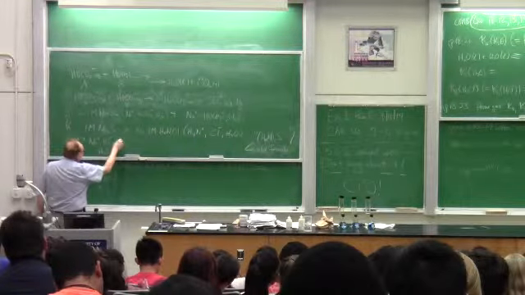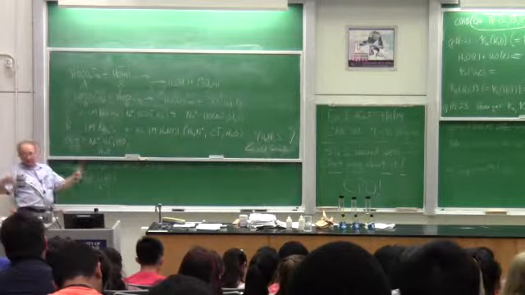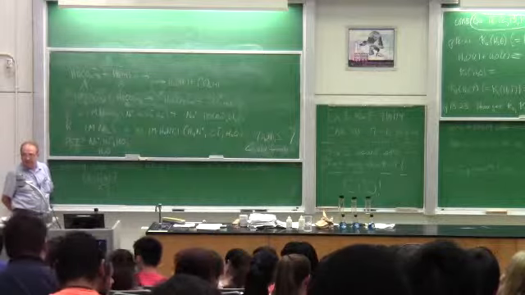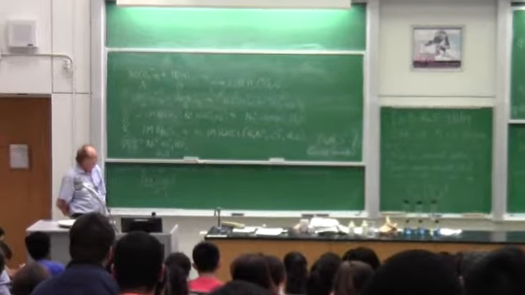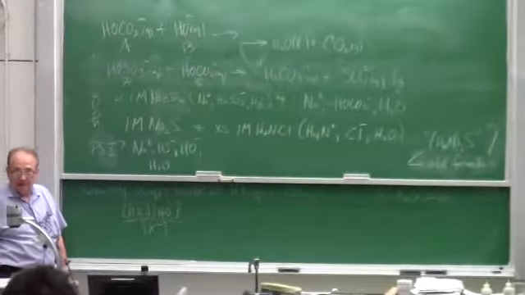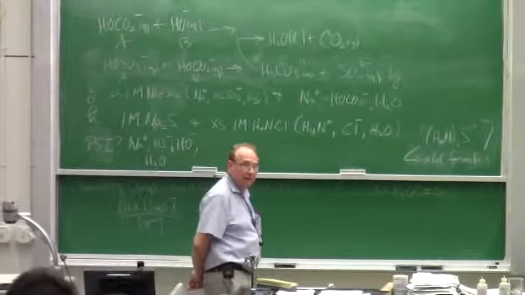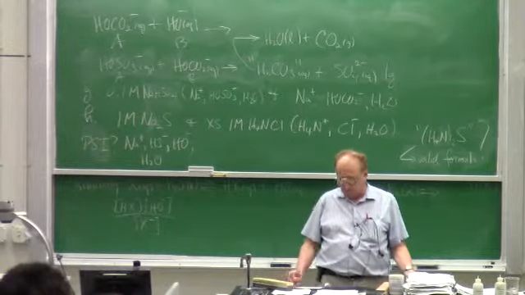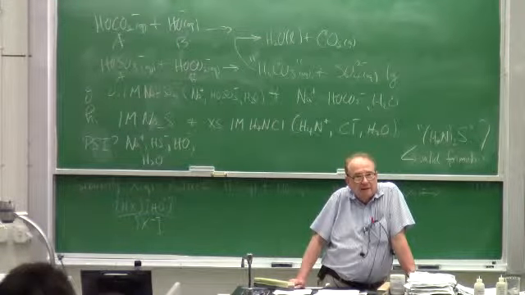And if you write anything but this, it's not correct. If you write sulfide ion AQ, you've written something which is mythical. What's the name for HS minus? Hydrogen sulfide ion. You pretty much name it from its formula. Why would you expect it to go to H2S?